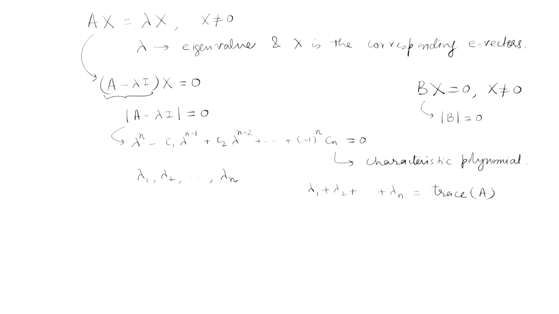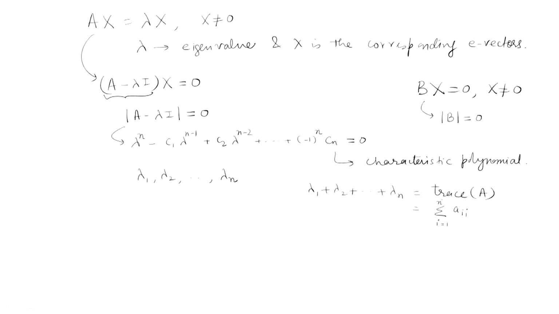Trace means the sum of diagonal elements, that is the sum over i of a_ii, a11 plus a22 plus a33 up to ann, with i varying from 1 to n. And this we have also discussed, that the product of eigenvalues is nothing but the determinant of A.